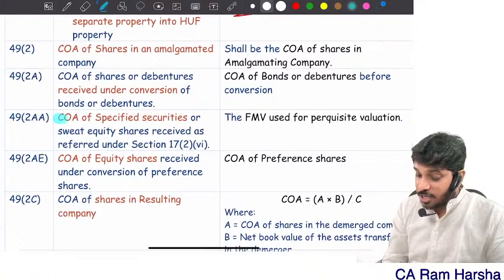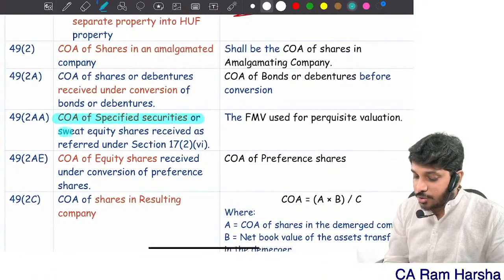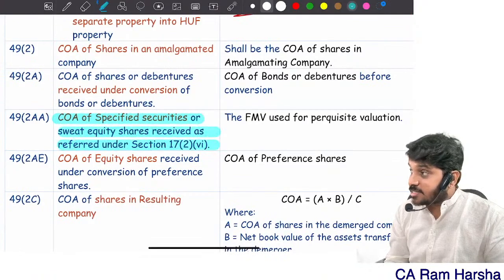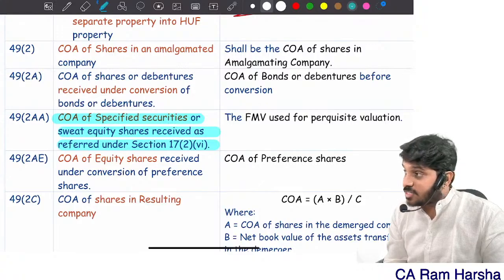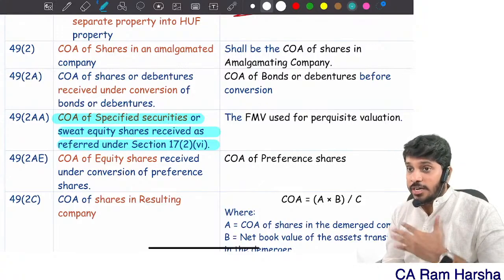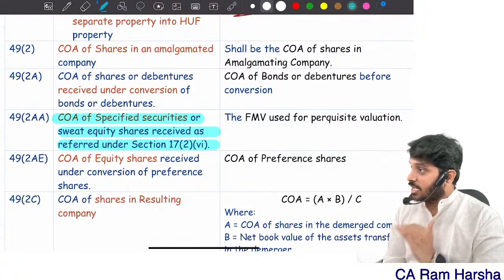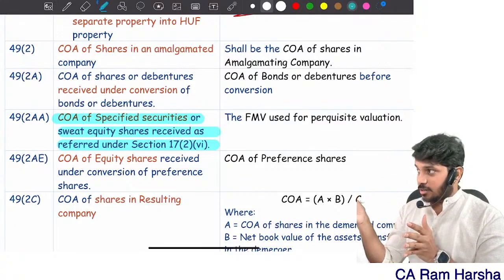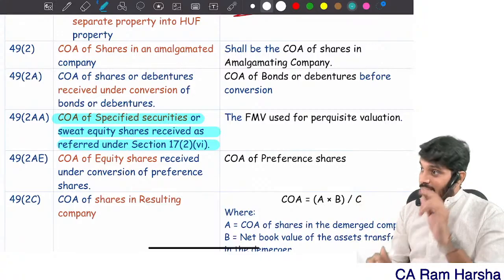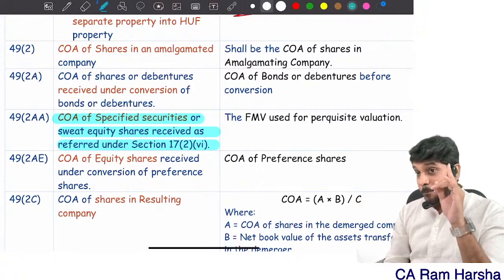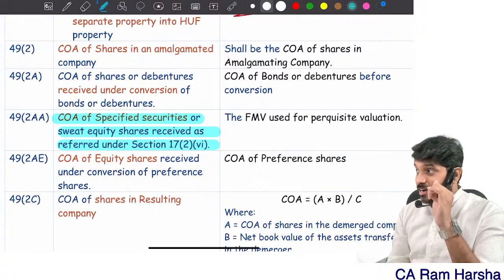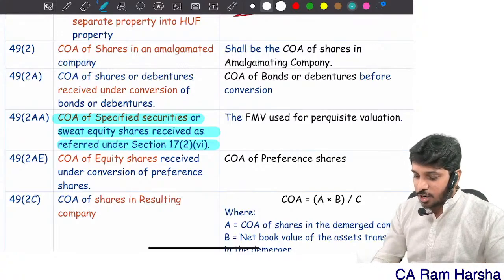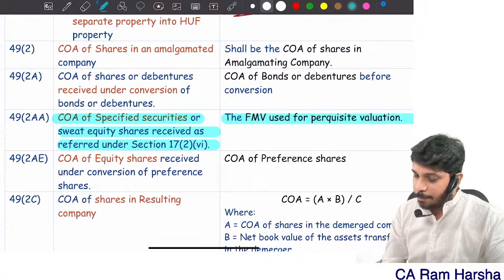You remember ESOP: the cost of acquisition of specified securities or sweat equity shares, which are referred to under section 17(2). Section 17(2) is talking about perquisite valuation. If an employee got ESOP or specified security from the employer and later sold that asset, what is the cost of this asset? At the time you got the allotment, the market value is considered for perquisite valuation, right? That itself is the cost of the equity, the market value used for perquisite valuation.